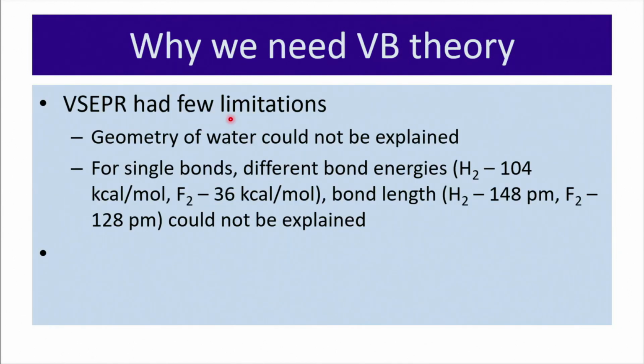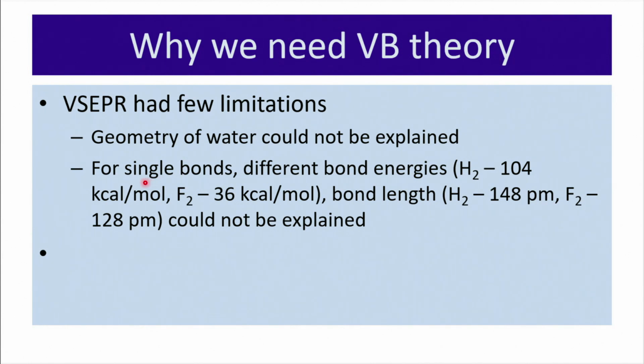Now, in this module, let us ask the simple question: why do we need to study VB theory or MO theory? In this and the next few modules, we will find the reasons. In the last module, we studied VSEPR theory and we also know there were a few limitations with respect to it. For example, the geometry of water molecules could not be explained by the VSEPR theory.